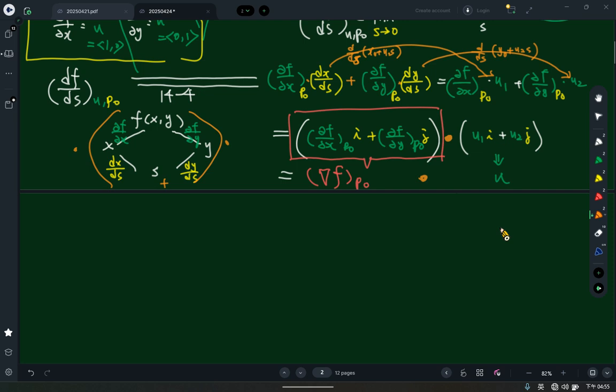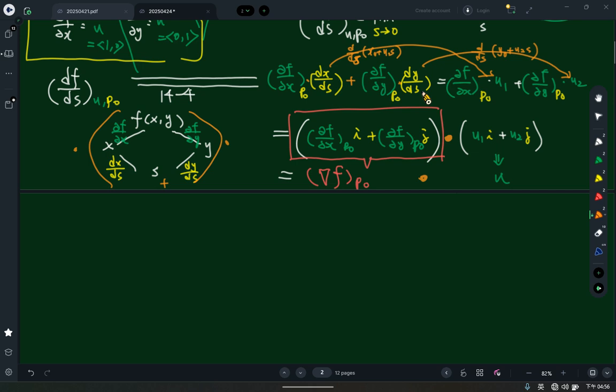Okay, so first we just use chain rule, which we just learned in session 4, so that we can have this expression by the tree diagram, right? Then we can just continue to get this one, right?